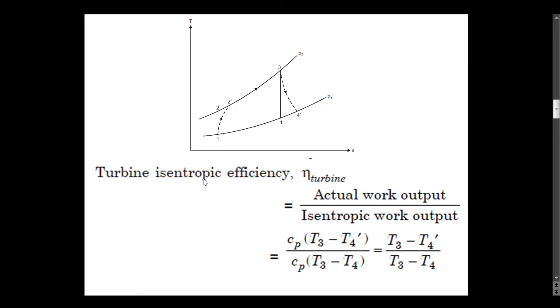Whereas for the turbine, the actual temperature drop, which is less, we consider in the numerator, and the isentropic temperature drop in the denominator, since it is more than this quantity. So always we have to remember this ratio is always less than 1.